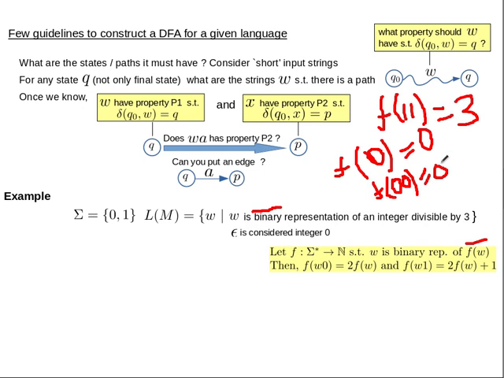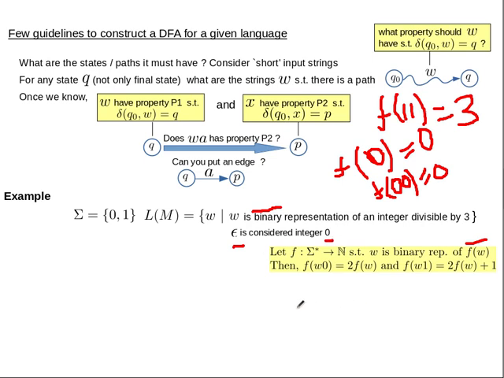So there can be multiple representations of the same number, and that is fine. And also, to make it slightly simpler, we consider the empty string to be the representation of integer 0.